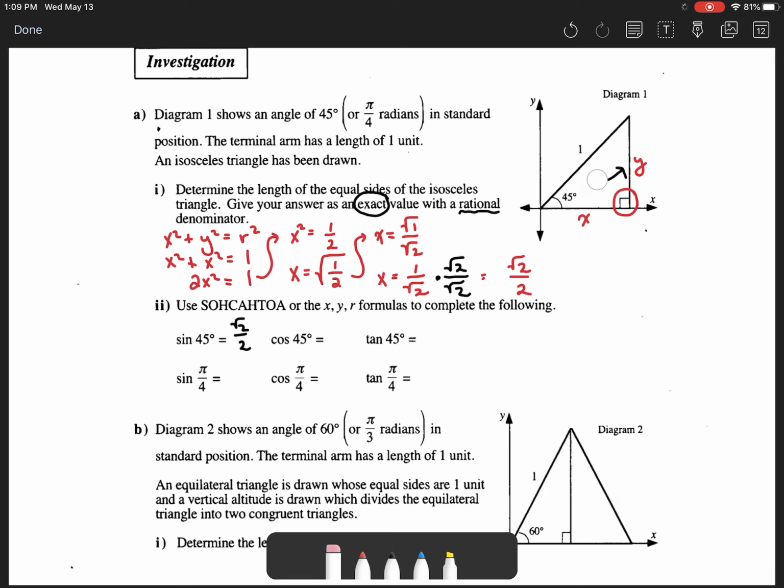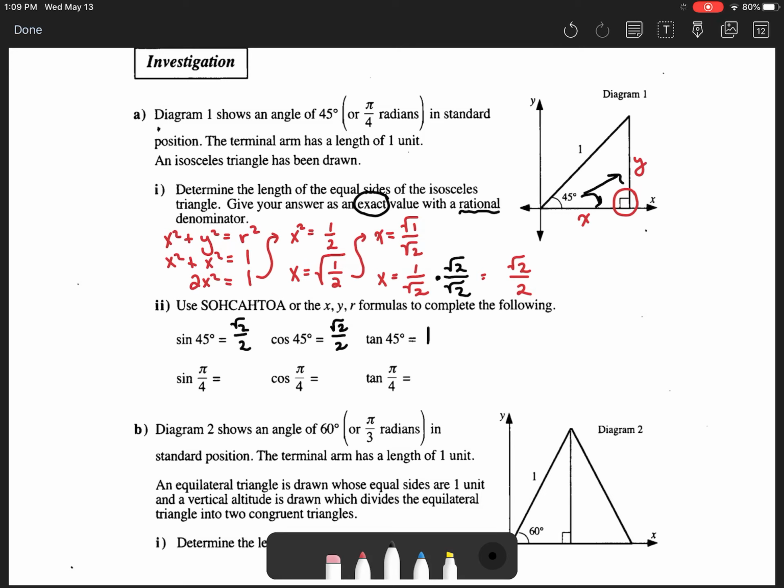Okay, cosine. So cosine is always the adjacent side over the hypotenuse. So again, root 2 over 2 over 1, which is root 2 over 2. And then tangent, tangent is always opposite over the adjacent. Well, that's going to be root 2 over 2 divided by root 2 over 2. So anything divided by itself is always a value of 1. Okay, so there's the values.